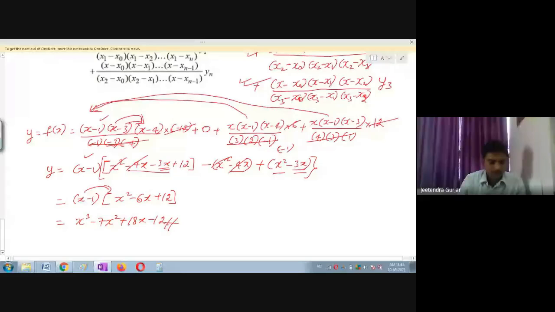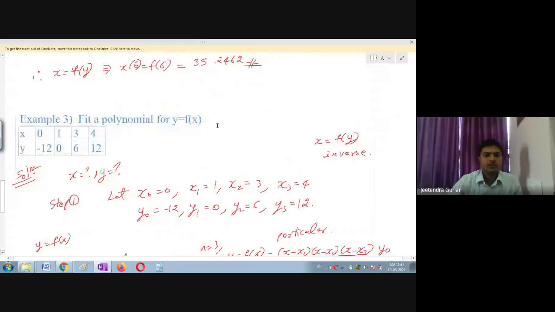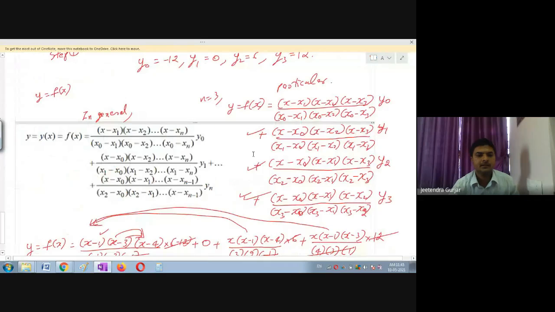So here we have the polynomial, that is f of x. Is it clear, friends? Suppose in the question, if they tell you to find the polynomial for y is equal to f of x, suppose if they give you any value, x value is 2 or y value is 2, just substitute in this formula or whatever answer we have calculated here.